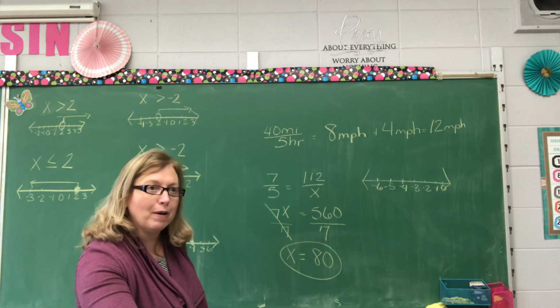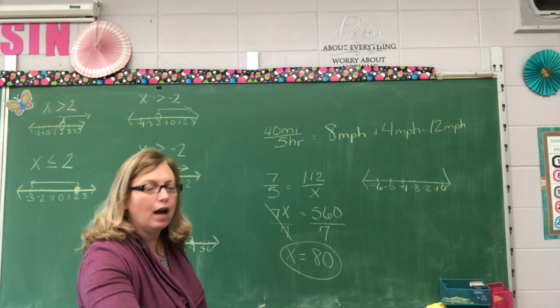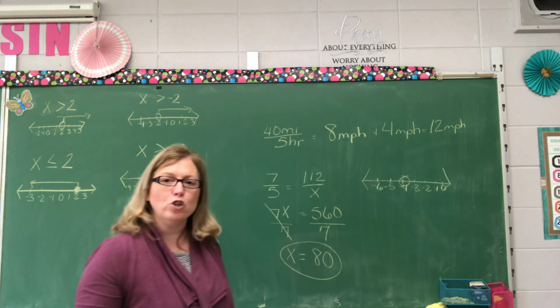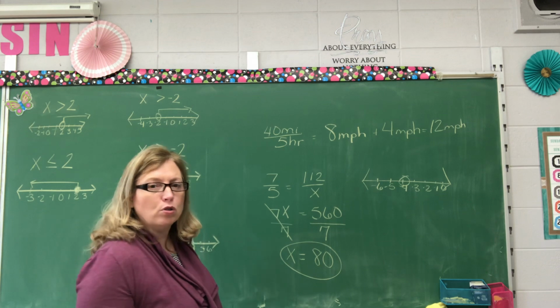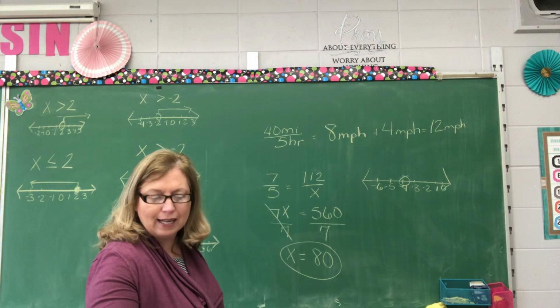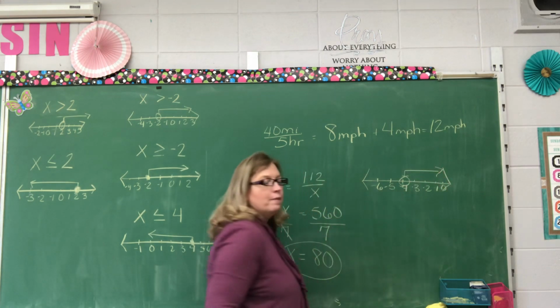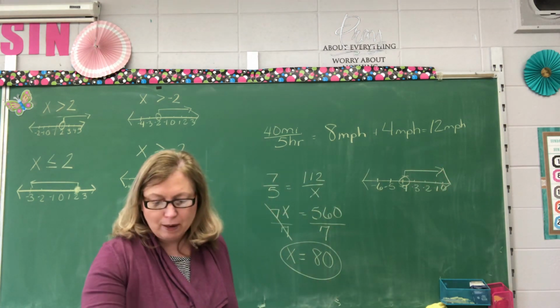So am I going to circle it or color it in? I'm just going to circle. Circle the -4. Now, which way will I draw my arrow? To the left or to the right? It says that it is greater, so I'm going to draw it to the right.